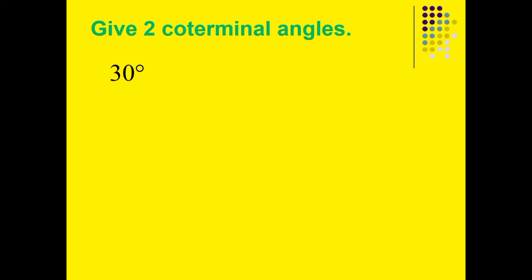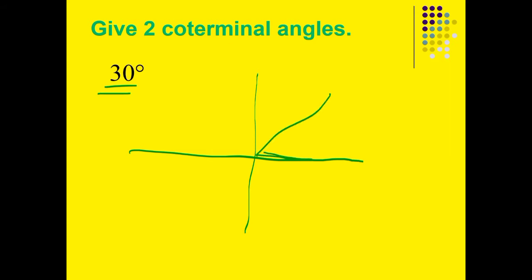Okay, we're going to give some coterminal angles of a 30 degree angle. So we have now here our bases. So 30 is between 0 and 90. So this is 30 degrees.